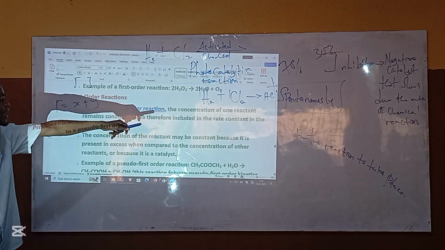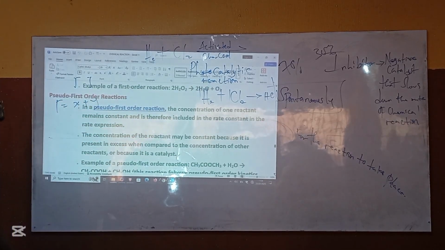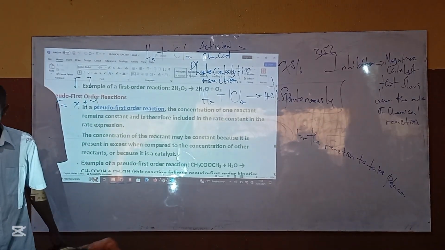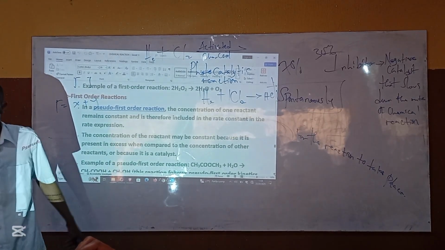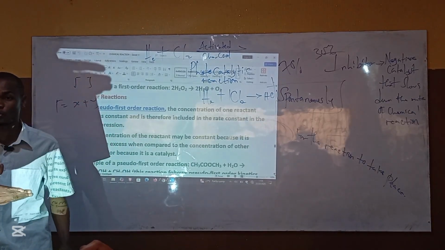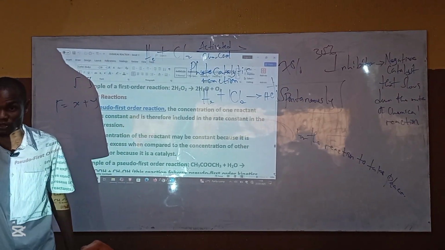When they say pseudo first order reaction, we have more than one reactant. But the concentration of one of them is the determinant of the rate of the chemical reaction.